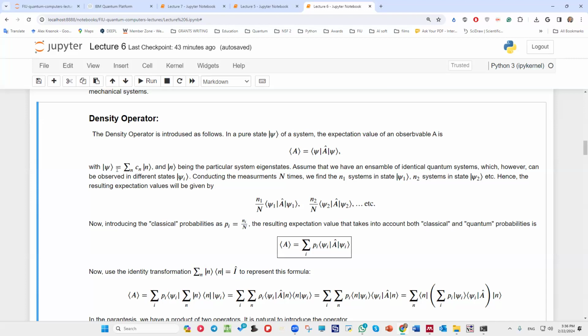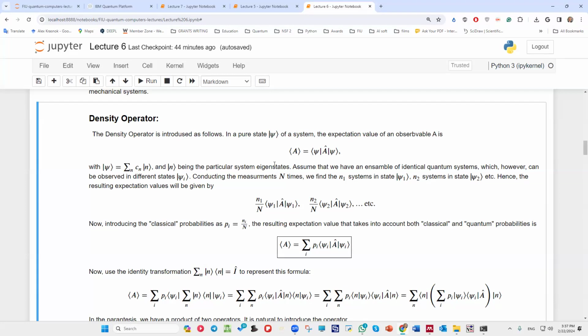And in a pure state, we always assume that the system can be in a superposition of basis states. So we can represent this psi state using this series representation here, with the n vectors being the eigenstates of some operator, basically the basis in which we describe our quantum system.